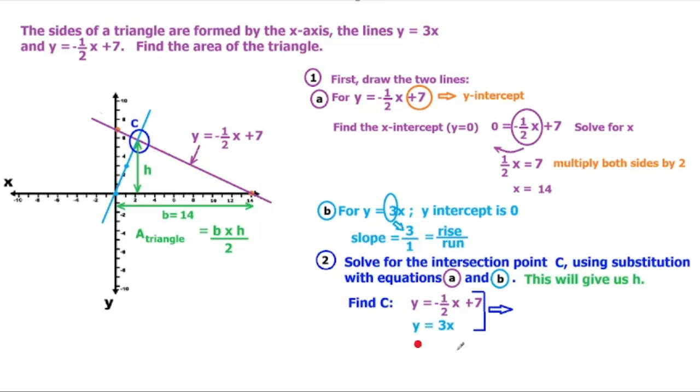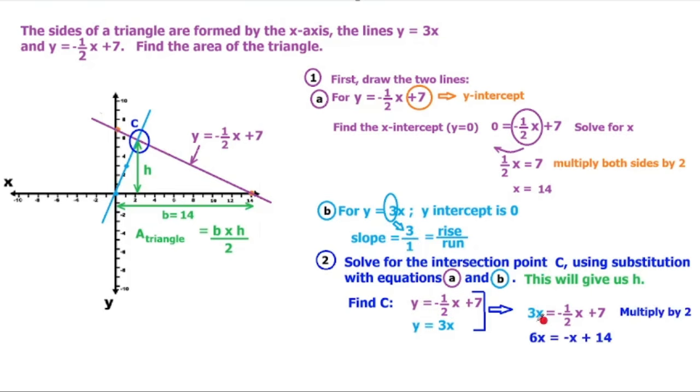So now let's take our two equations. We can find our point of intersection C, and we can do this by substitution. So 3x equals negative 1/2 x plus 7, okay? Y equals this, so we could just make them equal.